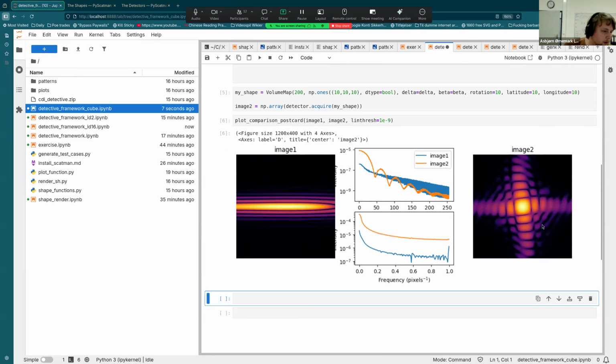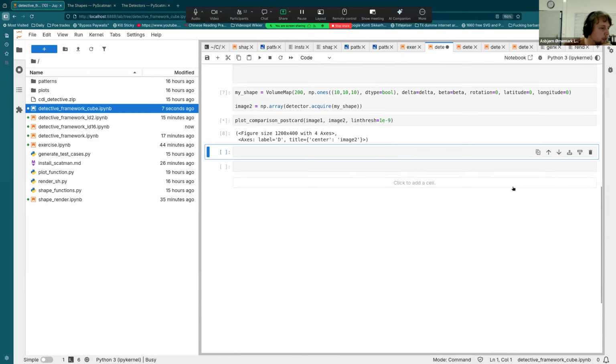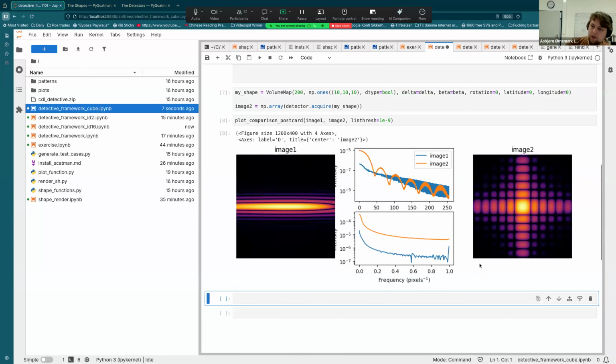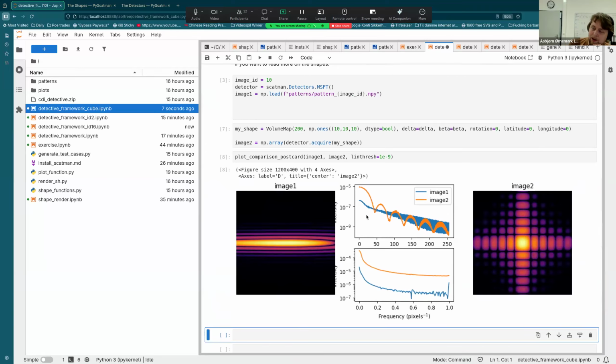So here's our cube. Let me set it back to 0. Yeah. So this is going straight through the face of a cube. And what's image 1? I think we were talking about looking at a cylinder.